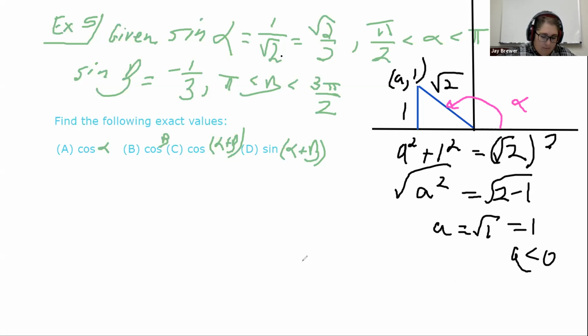Right? Now that we know that, can we find the cosine of alpha? Yes. Cosine of alpha is equal to A over R, which means it's what?